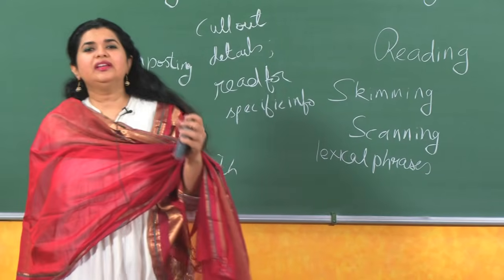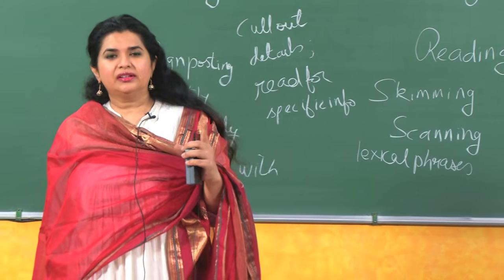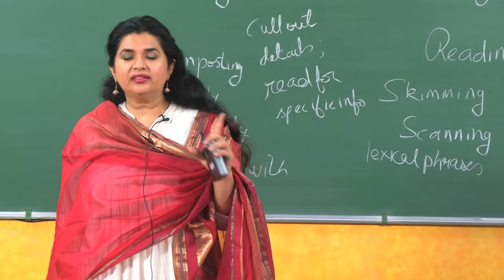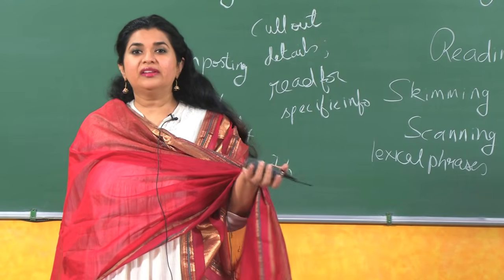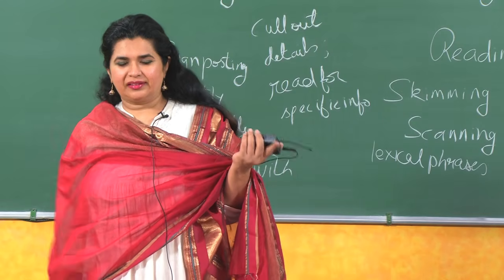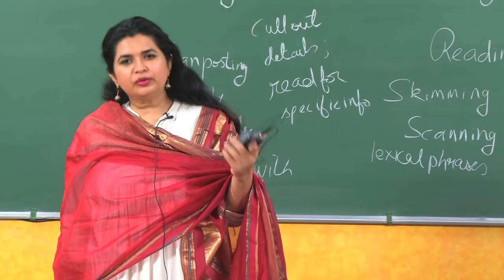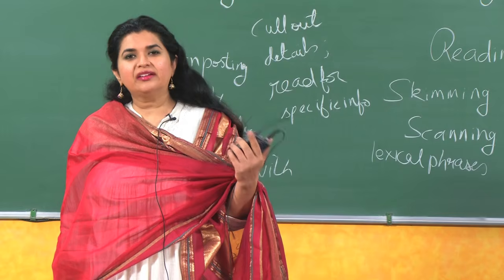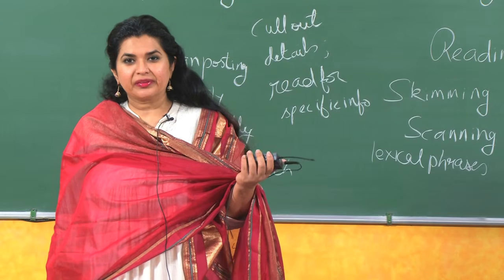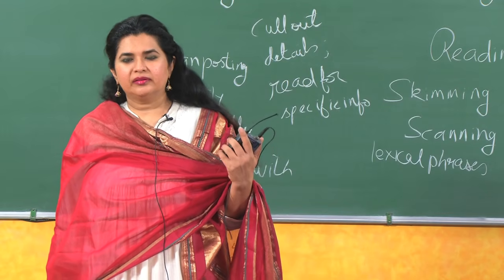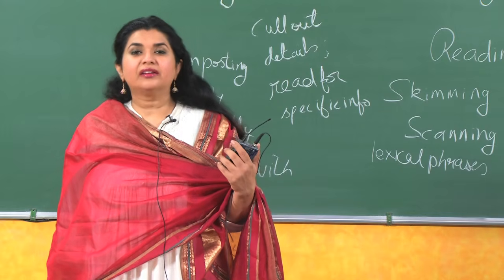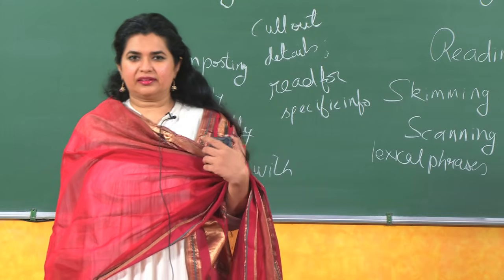Key word means you have to give one key word. Central idea is one central idea. There cannot be several central ideas. Key words could be more than one, but central idea is central idea. Look at these very specific kinds of lexical phrases.